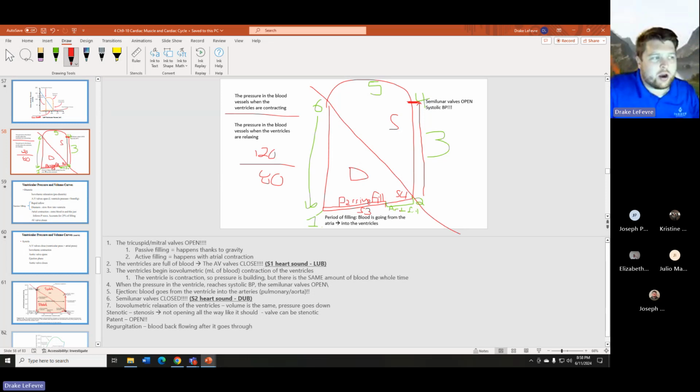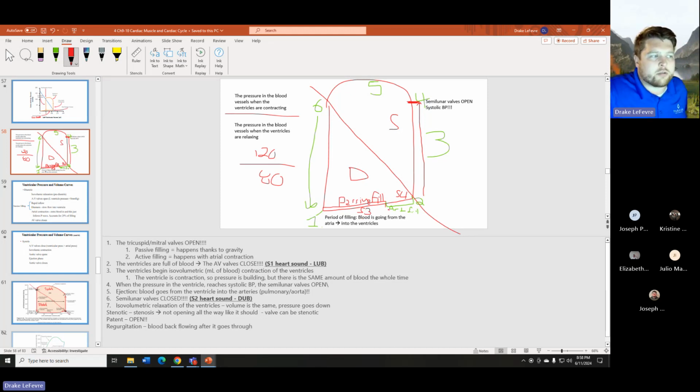And so when you passively fill and you actively fill, the blood is falling from the atria to the ventricle, and you can have an S3 and an S4, and that's just the blood from the atria hitting a non-compliant ventricle. It's like the ventricle is a little firmer. It's like dropping a water balloon onto pavement. You kind of hear a splat. That's what those sounds are for.